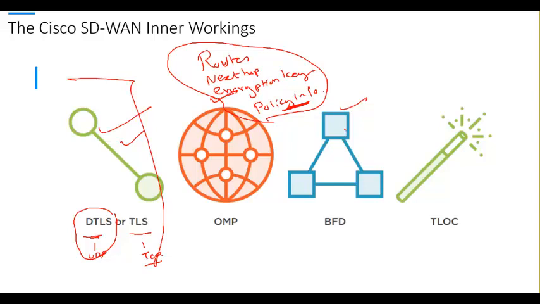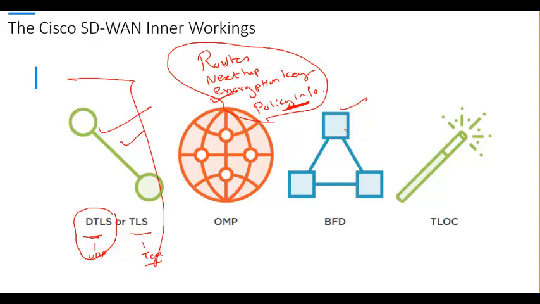So if I have SD-WAN with three different transports, the tunnel identification is going to be one, inside which the color is going to be three.